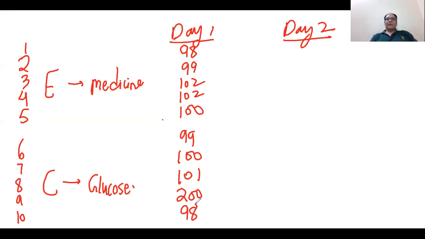And after some time, maybe after 5 days or 7 days, we are going to measure the temperature of the body again. We assume that if the medicine is effective, the temperature will come down. If the medicine is not effective, the temperature remains the same. So with this assumption, we measure the temperature on day 2, after 2 days or after 3 days, whatever you assume.